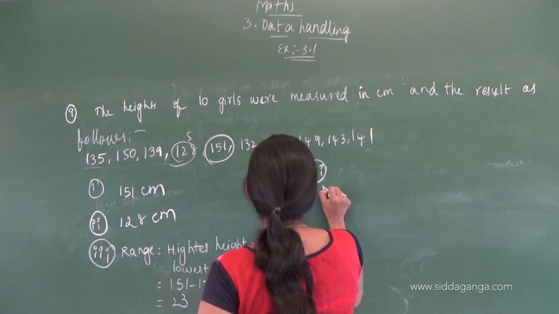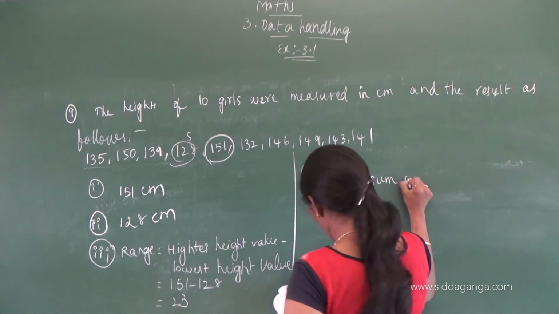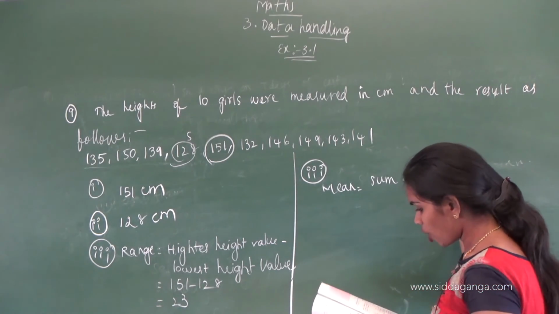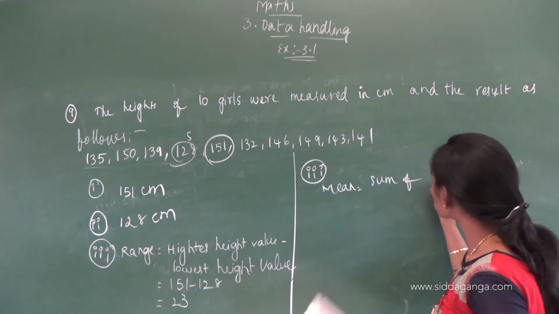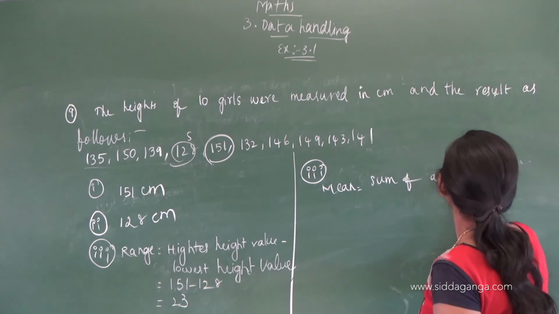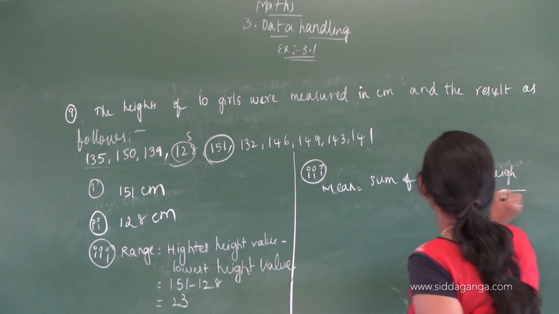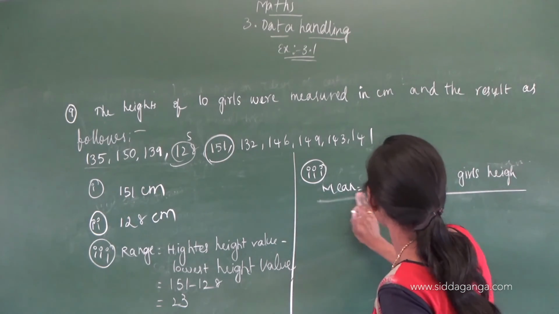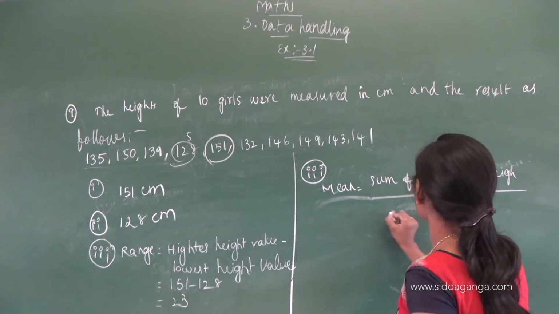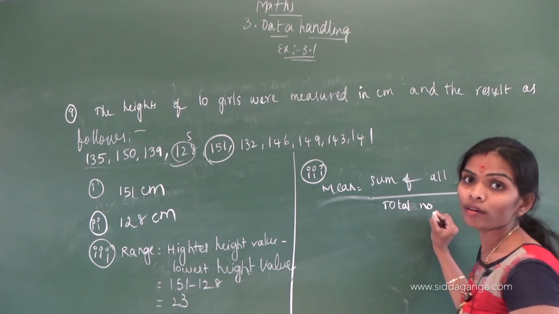Mean is equal to the sum of all girls' heights divided by the total number of girls.